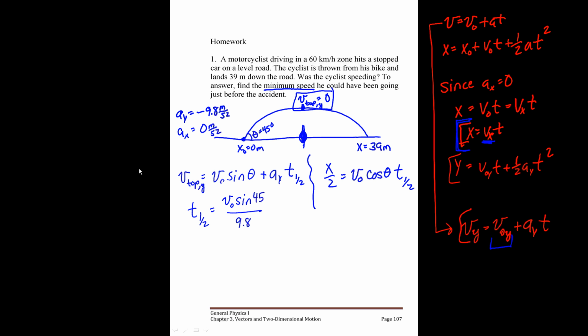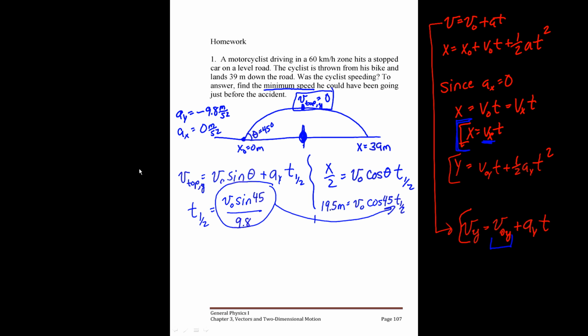So you should go through that algebra on your own and just make sure that you get the same answer. And then I'll rewrite this over here, x over 2, that's 19.5 meters, equals V naught cosine of 45 times t1 half. Now I'm going to take this and plug it in there.